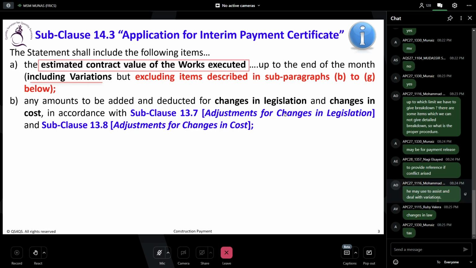In that case, the contract price will go minus, meaning it will reduce, so a deduction will happen. Whereas if a new tax is introduced where the prices are increased, the contract price will go up, so that is adding. Changes in cost means price fluctuation. Price fluctuation means changes in the pricing levels. What do you mean?